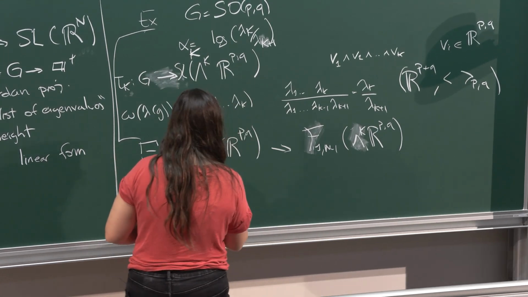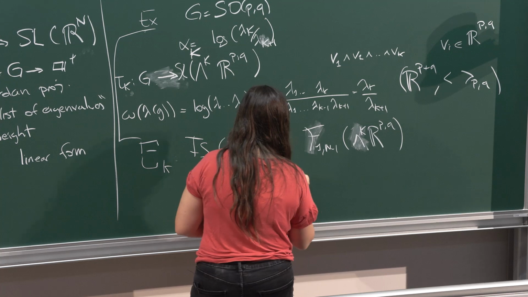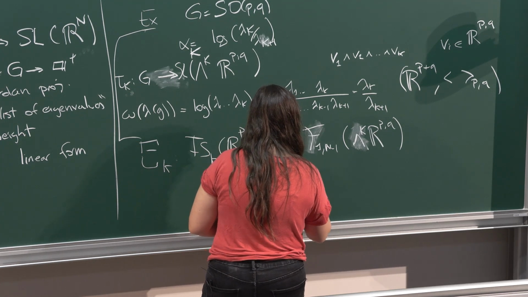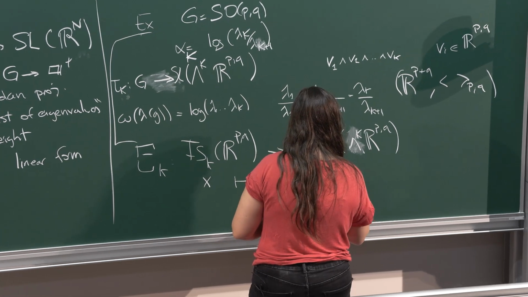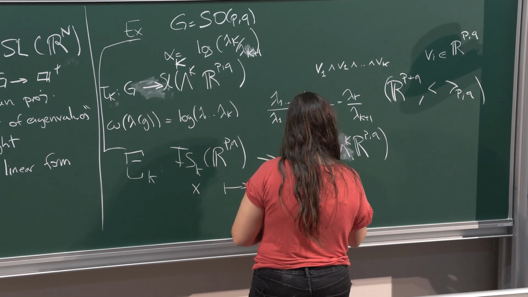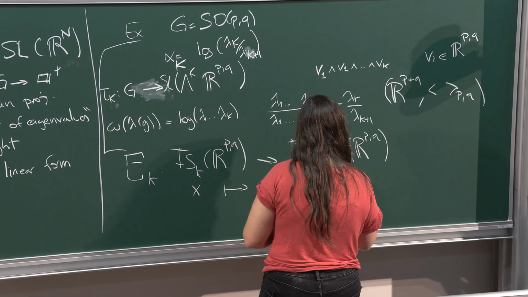And this maps X to the kth wedge of X and the (d minus k)th wedge of X.